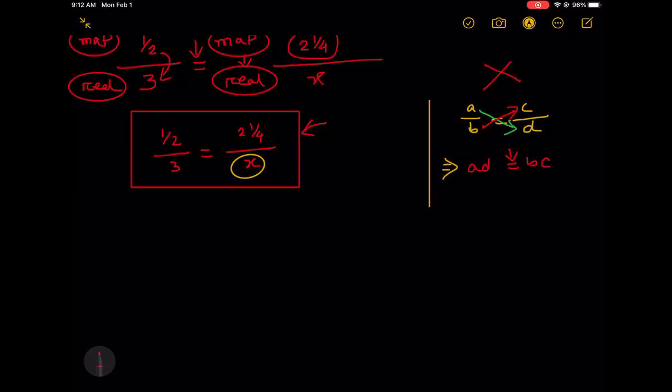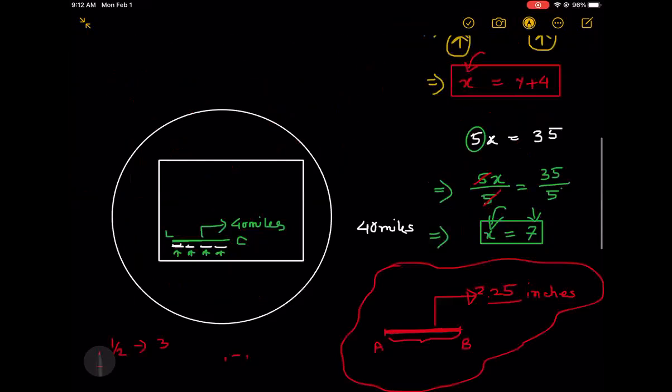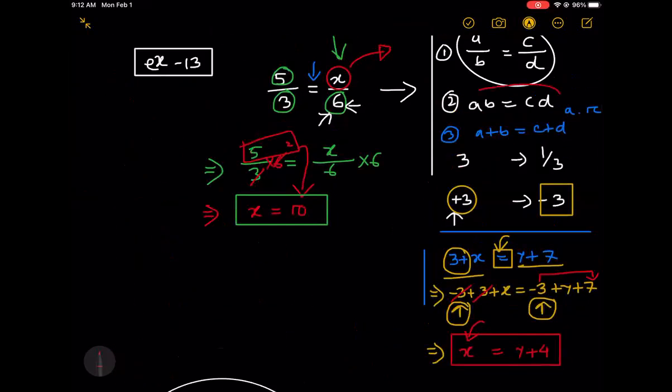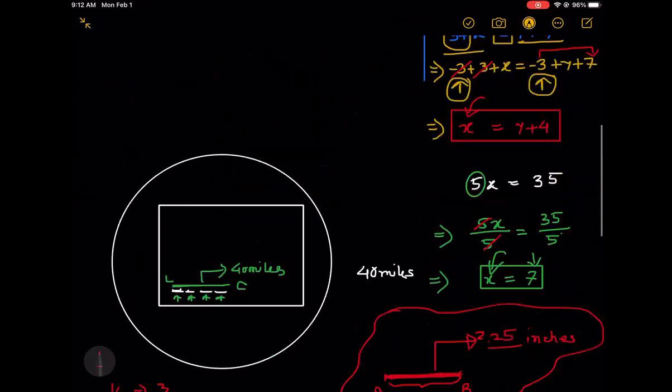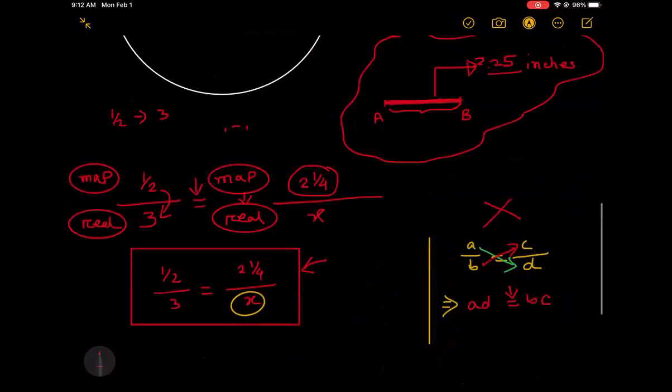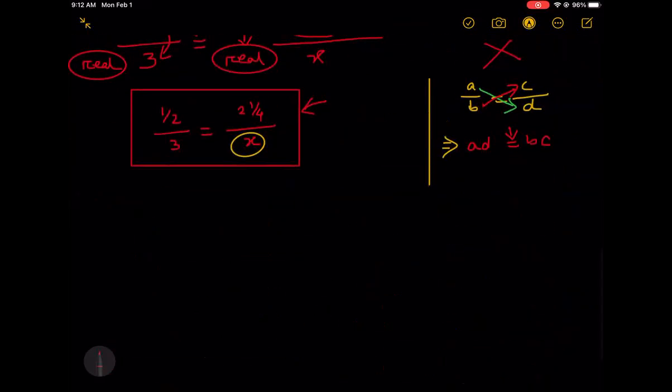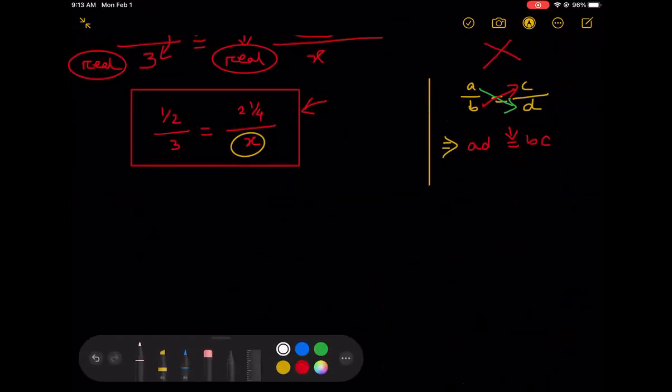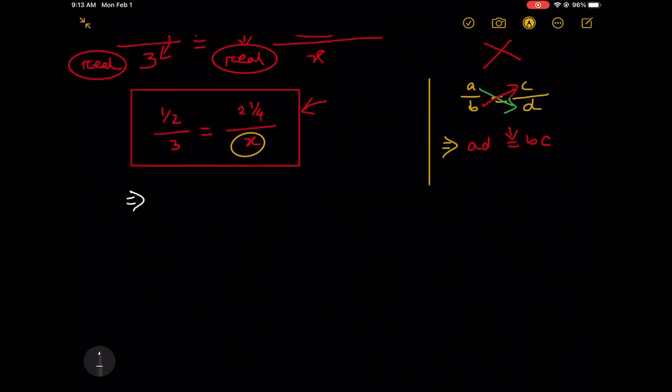Then we can again use that same procedure to isolate, like this. We can use the reciprocals to get rid of the additional terms we have. So first let's cross multiply it. It will be x times half, right? I'm showing it for you.